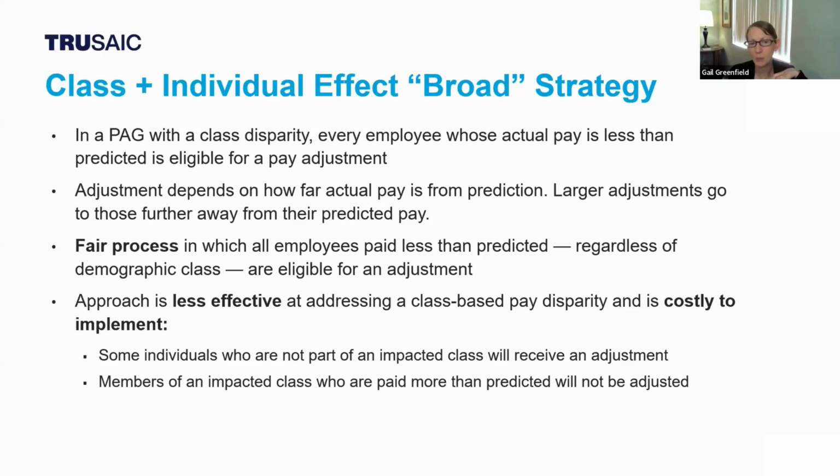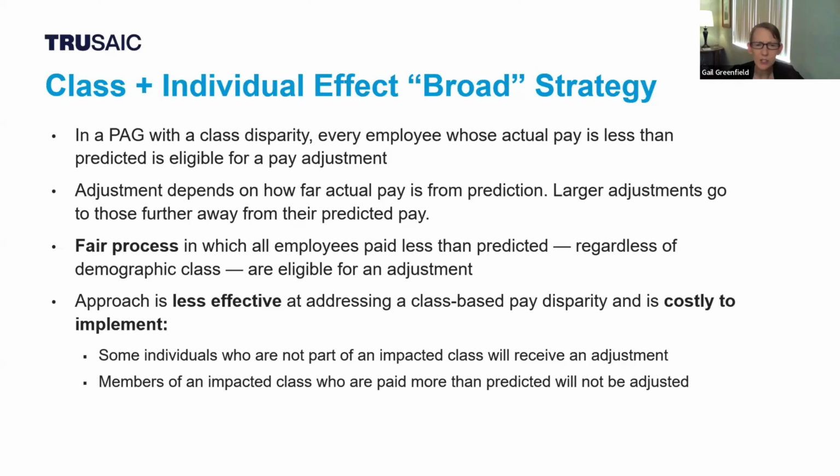So anyone whose actual pay is less than predicted would be eligible for an adjustment. And the size of the adjustment, unlike the class effect strategy, where everybody in a demographic class would get the same adjustment size, depends on how far someone's actual pay is from their predicted pay. So larger adjustments would be going to those further away from their prediction.